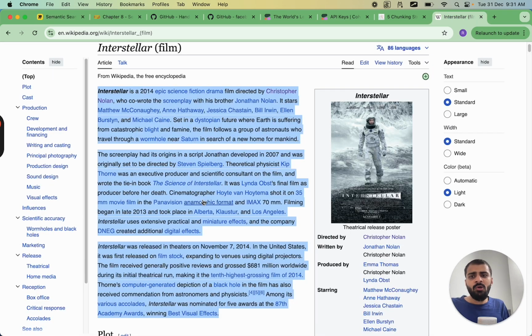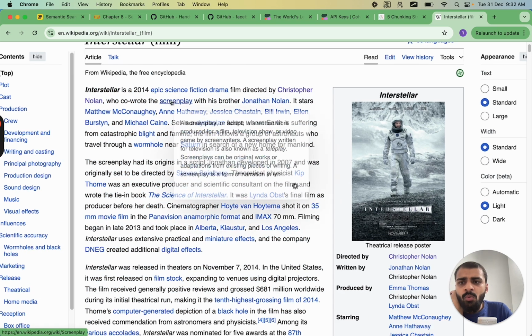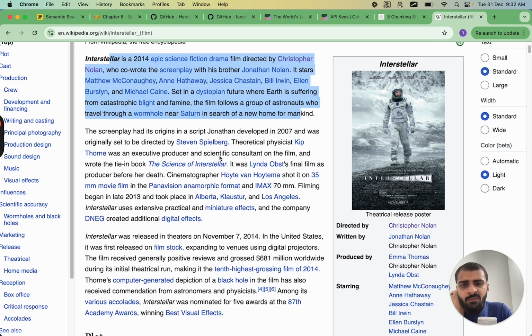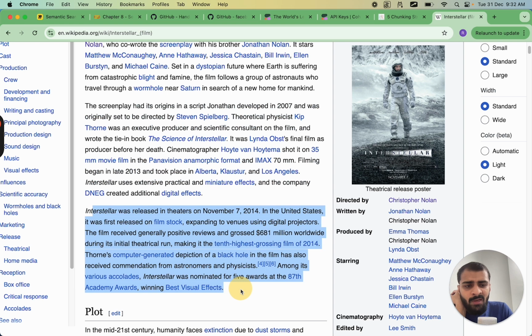Let's say you are looking at this document: there is information about what the film is in the first paragraph. The second is about how the film was shot, what the digital effects are, and the third paragraph has information about the impact of this movie in terms of revenue, and the accolades or awards which this movie won.